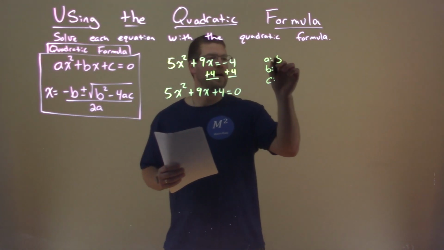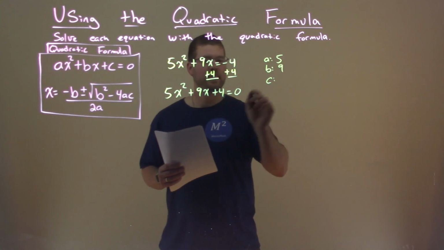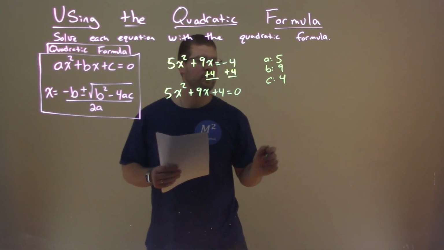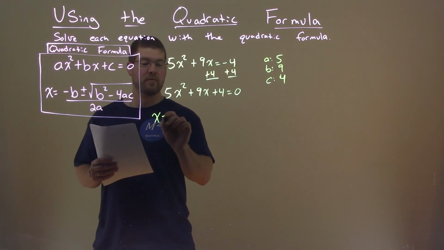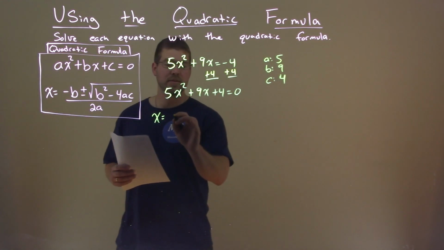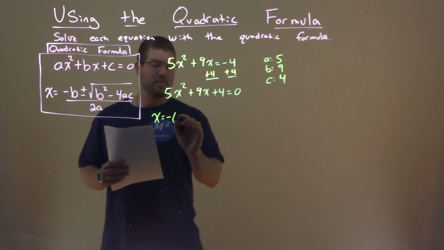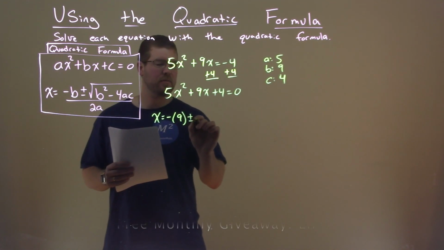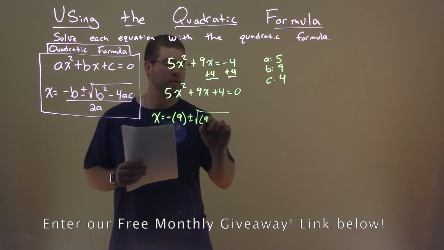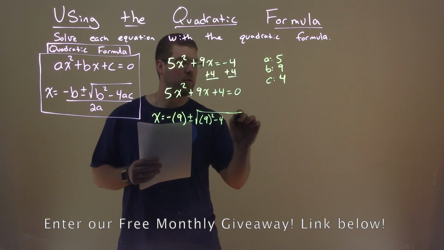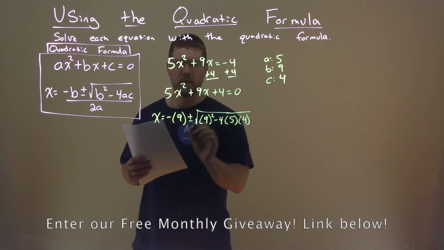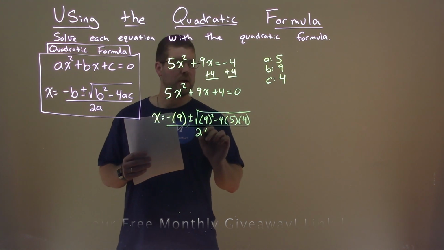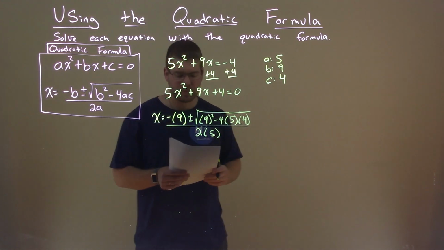A value is 5, b value is 9, and c value is 4. So now we can use that with our quadratic formula. X equals, well, negative b, so negative 9, plus or minus the square root of b squared, 9 squared, minus 4 times a, which is 5, times c, which is 4, all over 2 times a, which is 5.